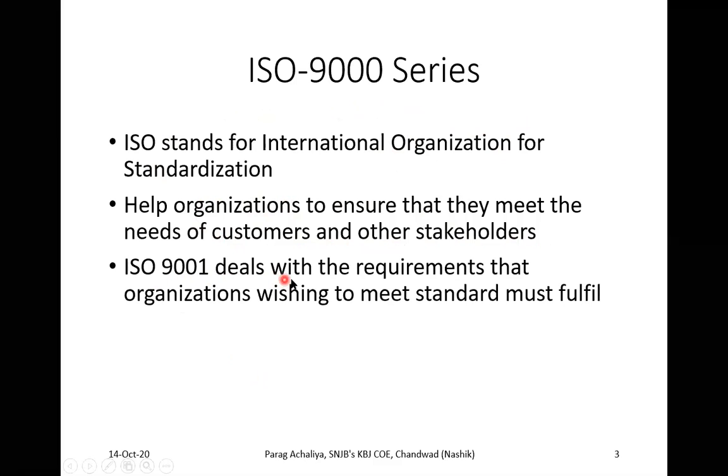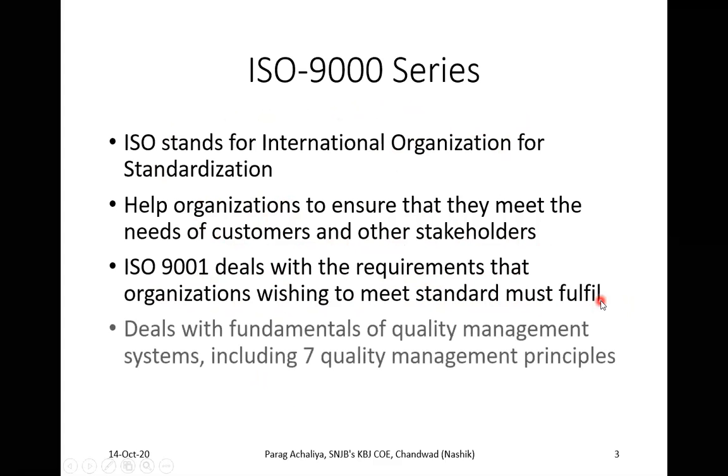ISO 9001 deals with the requirements that organizations wishing to meet the standard must fulfill. This 9001 series is useful for checking whether the standards are being fulfilled or not.